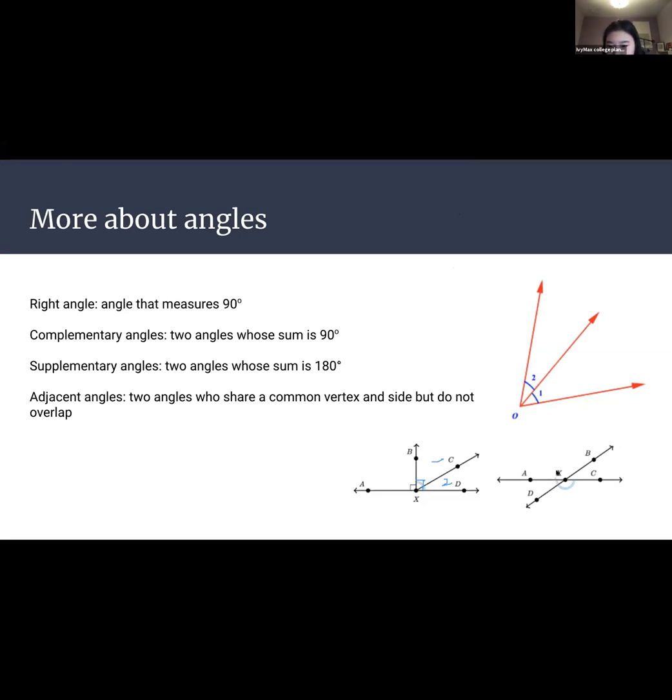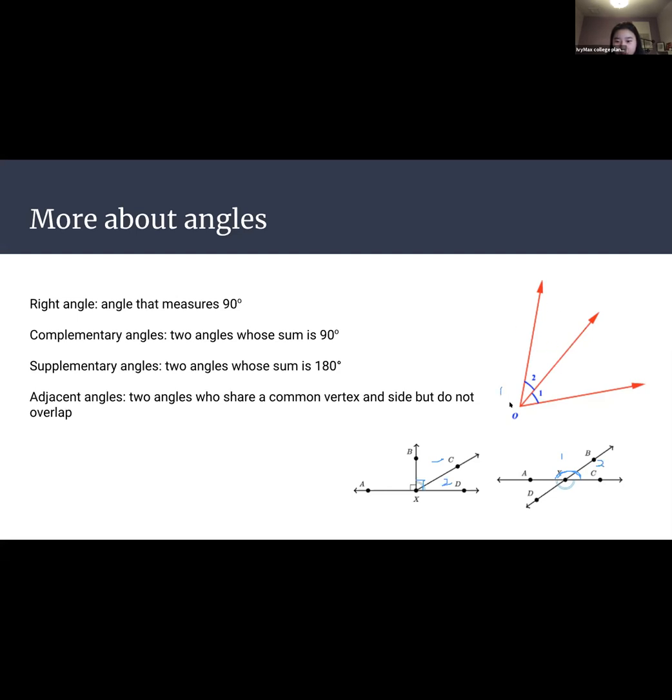So here, this one was the complement. Oh, I mean, yeah, the supplementary angles, since those two angles add up to 180. So this was the supplementary angle. And next one is adjacent angles, two angles that share a common vertex and side but are not overlapping.